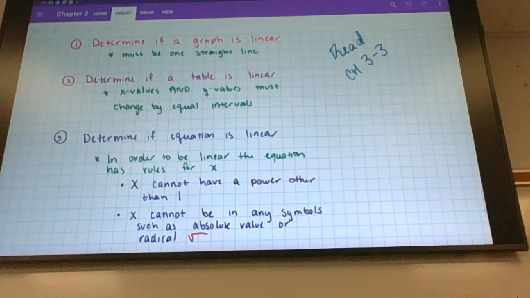What is equal interval? Let me show you an example. Let's go open your binder to 3.3. So here is linear, non-linear.